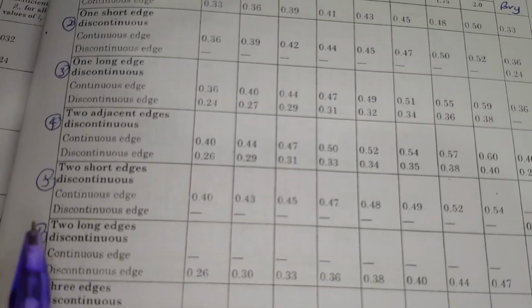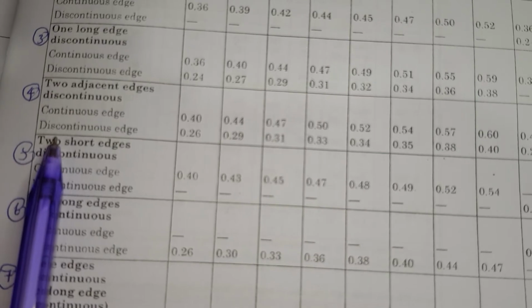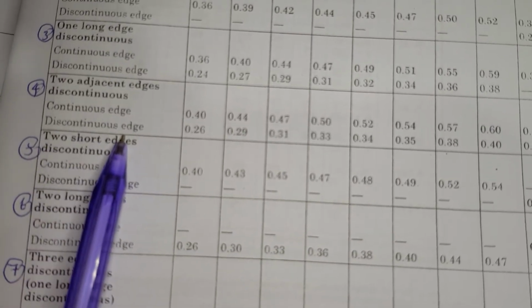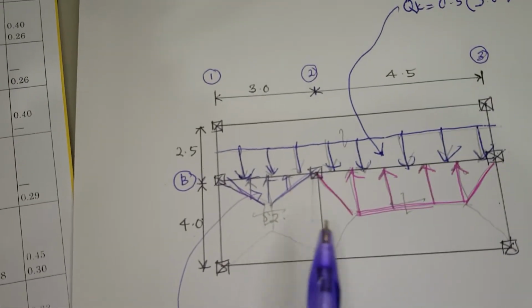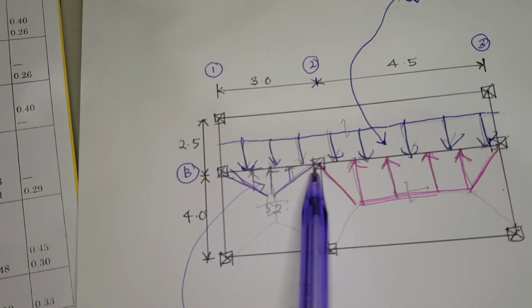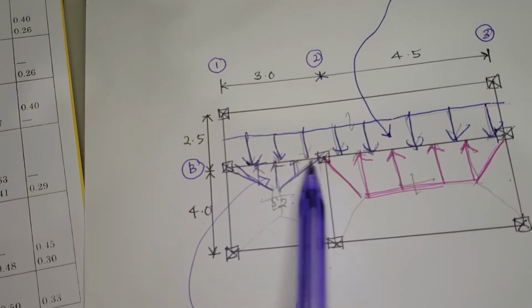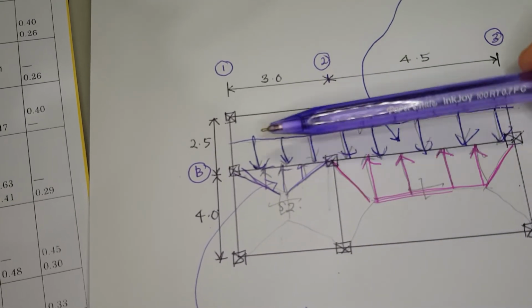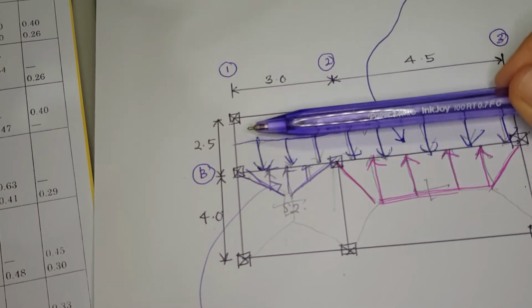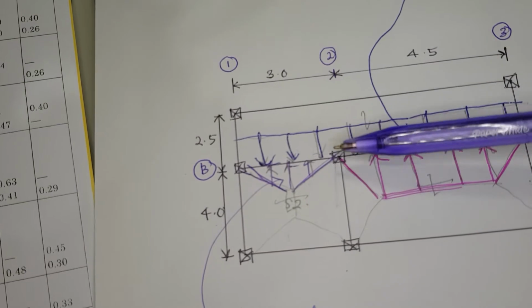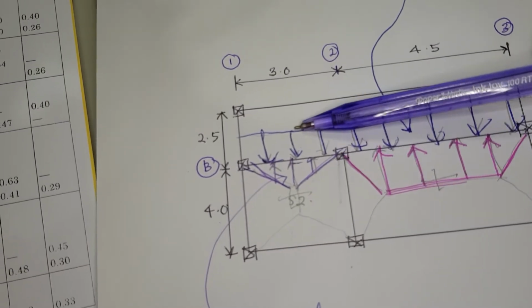So under this case, we have 2 continuous edges and also discontinuous edges. So we look back here. This is the beam. This beam is connected with the continuous edge. This beam is continuous with this slab.